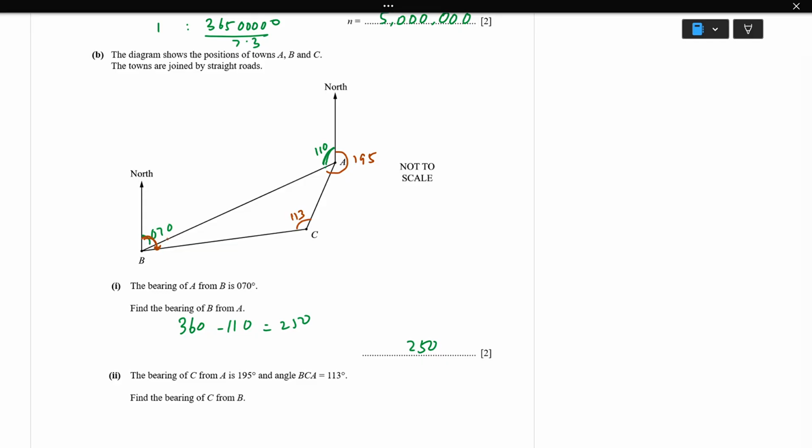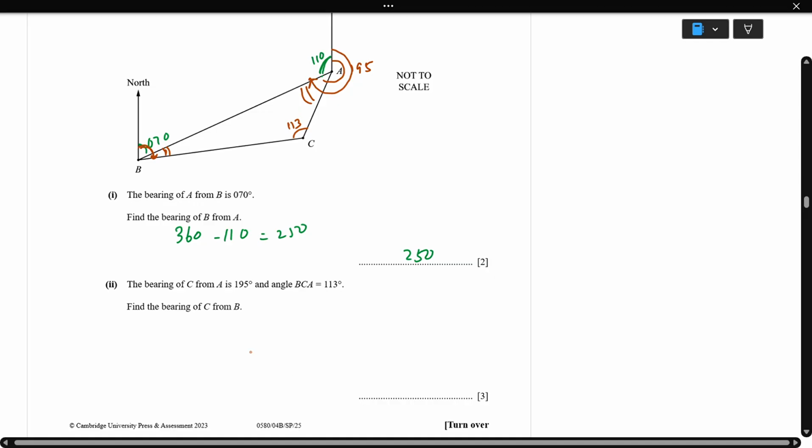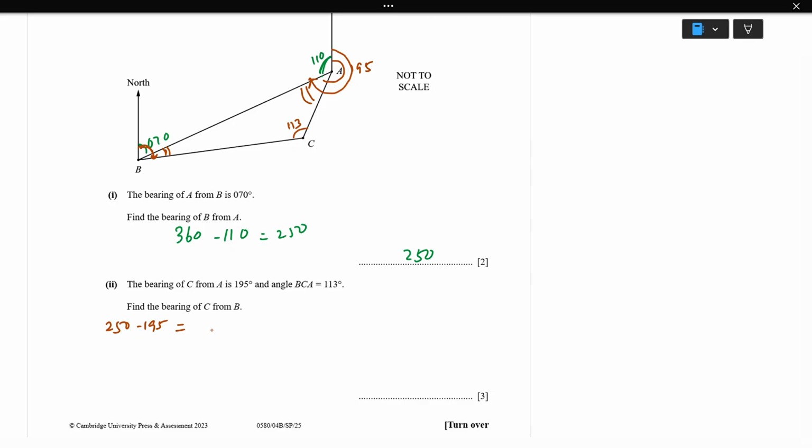We already know 70 here, so we only need to find this angle here. That's easy. This entire angle is going to be 250, so we can find this angle: 250 minus 195 equals 55. So this angle is going to be 55.